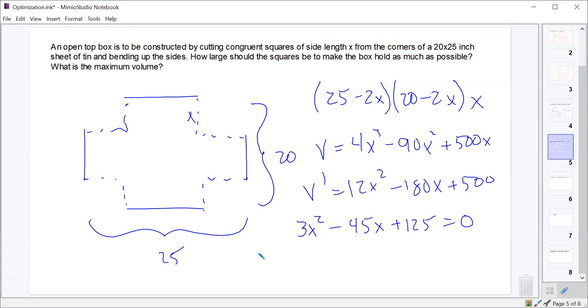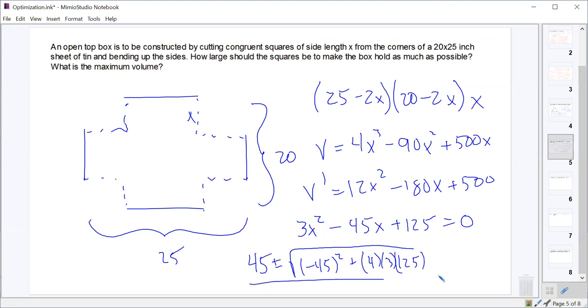No, you have to use the quadratic equation. All right, so 45 plus or minus the square root of negative 45 squared plus 4 times 3 times 125, all over 6, should be our x values.